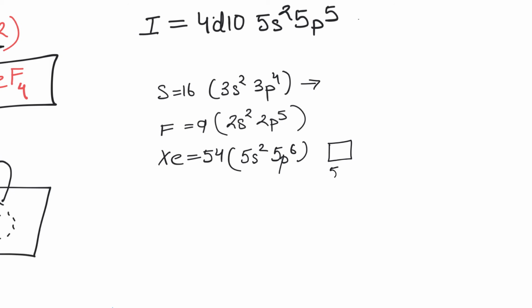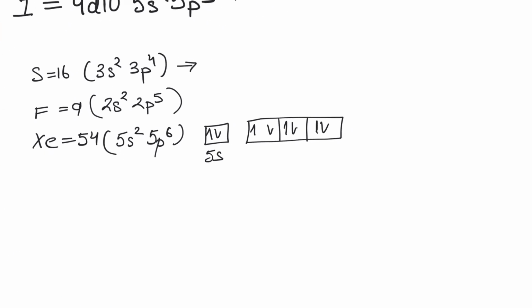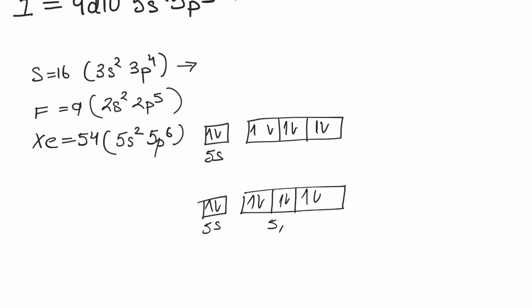So, let's first write 5s, then let's write 5p. Now, definitely we need some promotion here first of all. So, let's promote them. So, I am going to promote them into d, right. So, this is the same 5s, 5p and now 5d.